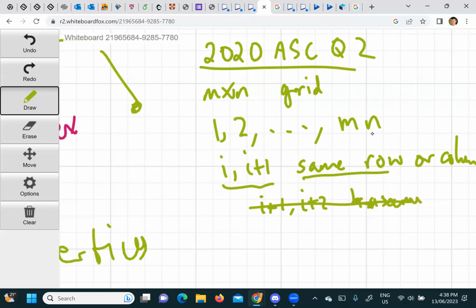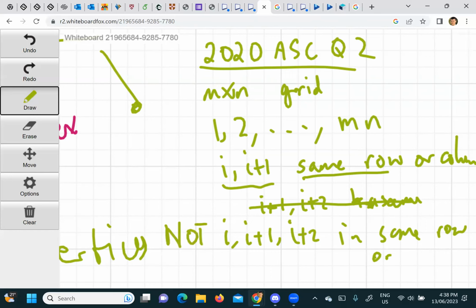Or another way of saying it is you can't have 3 consecutive in the same row or column, yeah? So not 3 consecutive in the same row or column. Okay. And the question is, for which m and n is it possible to do this numbering of all the cells? Okay.